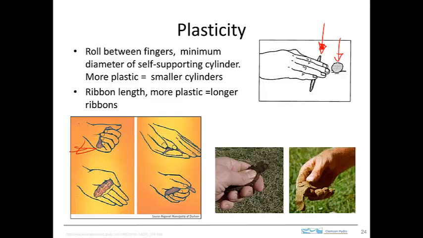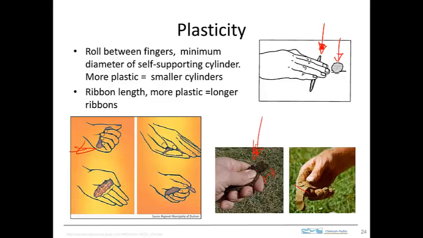So you squeeze it in the palm of your hands and kind of squirt it out, and then use your thumb to push it along, and you make a ribbon. So here's this person. Actually, I think that's my thumb pushing along this ribbon, and there the ribbon is that long. And here's a bit of a longer ribbon.